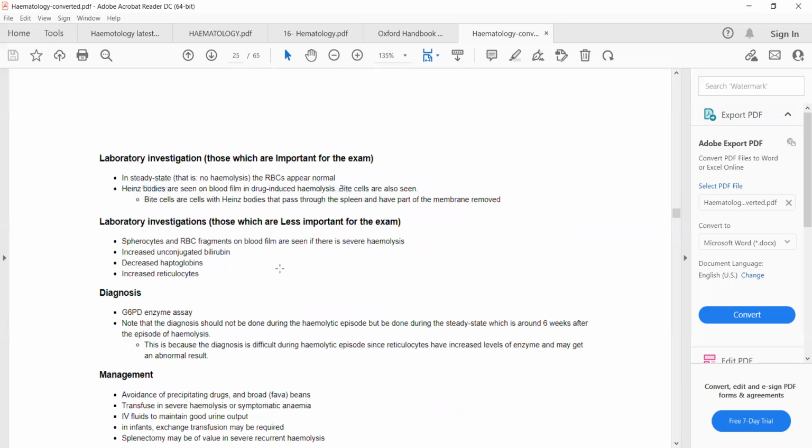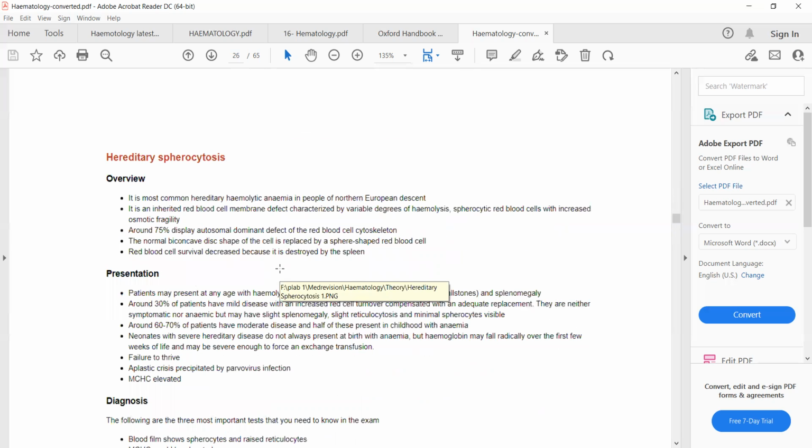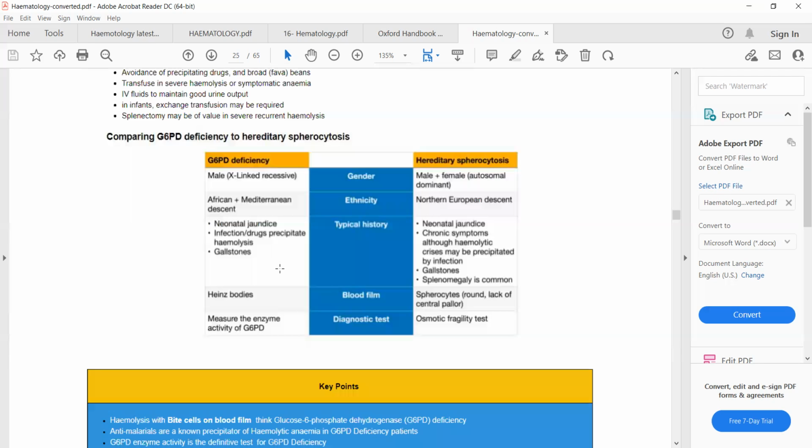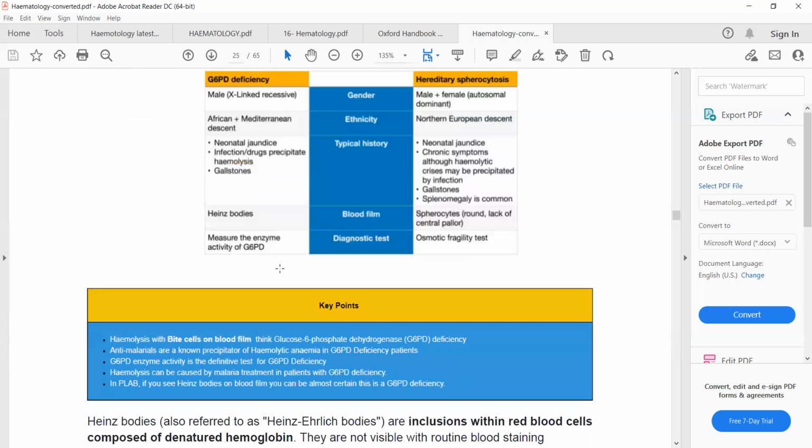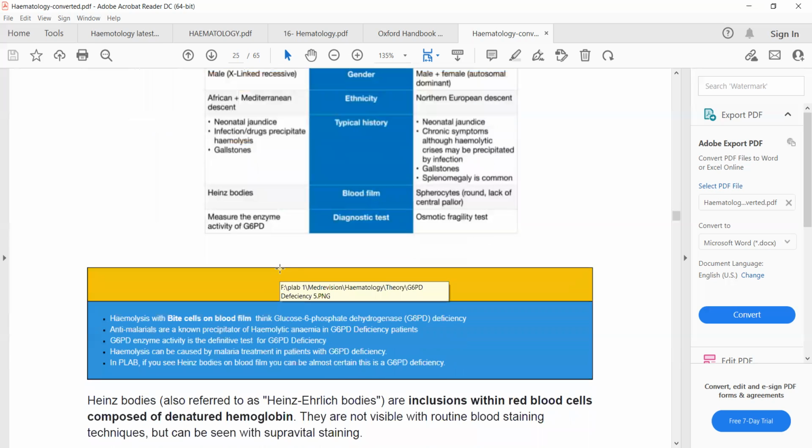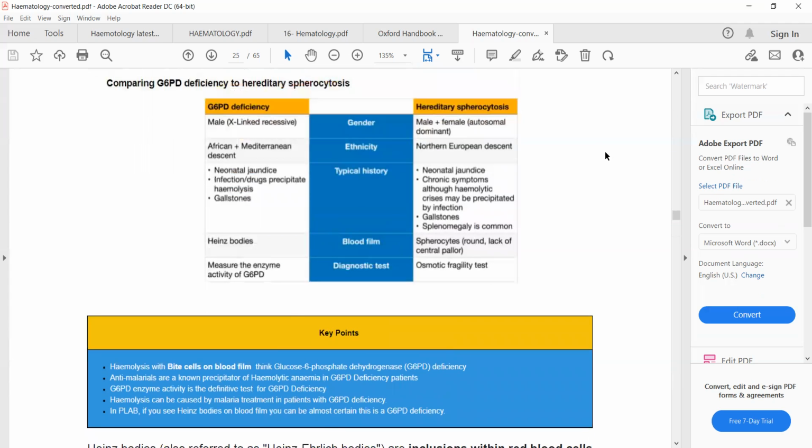While in case of G6PD deficiency, there will be Heinz bodies or bite cells on a peripheral smear. So this was all about G6PD deficiency and its comparison with hereditary spherocytosis. Both of them are causes of hemolysis. One is due to enzyme deficiency and the other is due to RBC membrane defect.